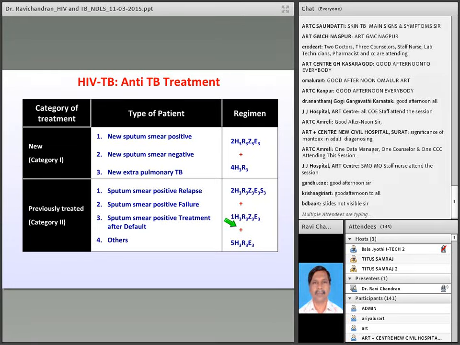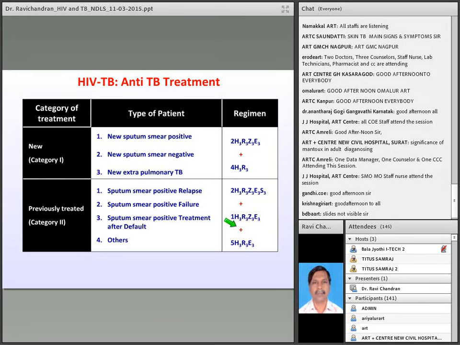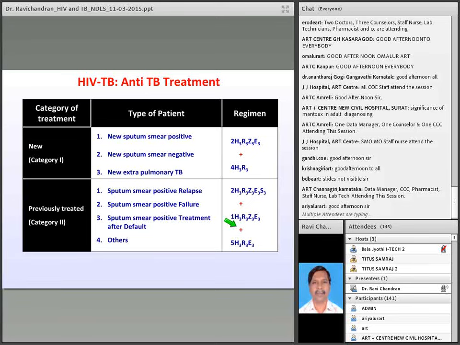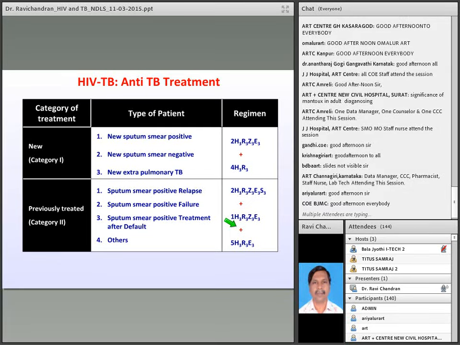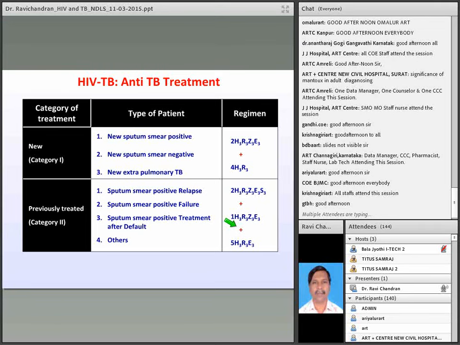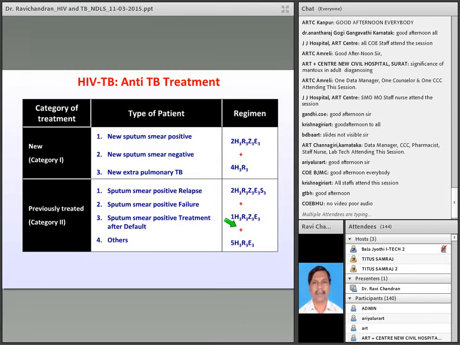Any new patients with sputum smear positive, or any new patients with sputum smear negative, or any new patients with extrapulmonary tuberculosis are categorized as category 1, and we start the regimen 2H3R3Z3E3 plus 4H3R3. This means 2 months of intensive phase with 4 months of maintenance phase.